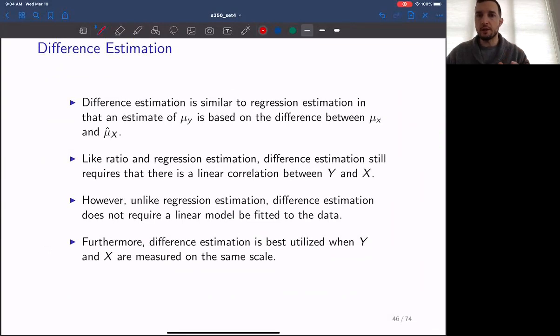So difference estimation in the context that we are going to study it is also resulting from a simple random sample. Now the big difference between difference estimation, regression estimation, and ratio estimation is that you use ratio estimation when you have a linear relationship that passes through the origin.